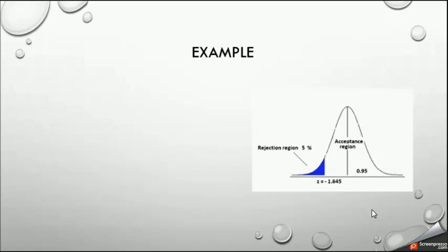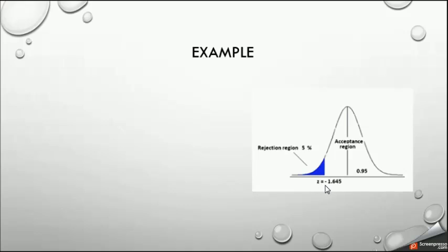Now we continue. Here we have the acceptance region, this white area, to be 95%, and the rejection region is 5% to the left side of the normal distribution. The rejection area is on the left side because in the alternative hypothesis we have mu less than 740.